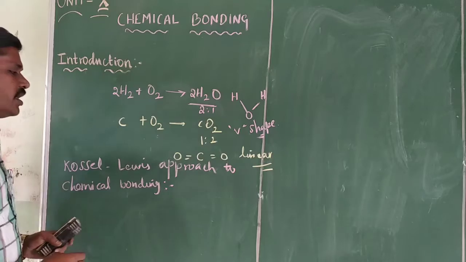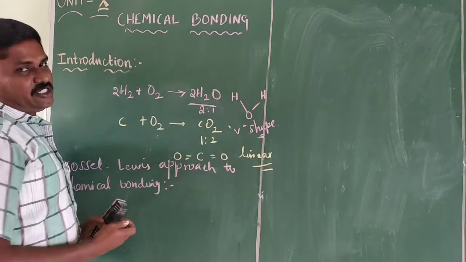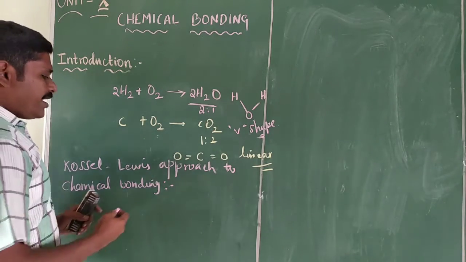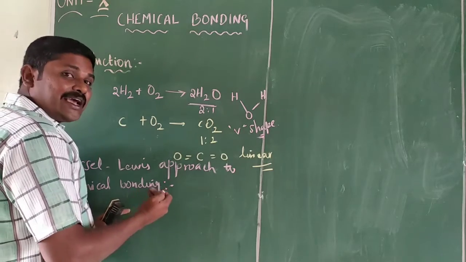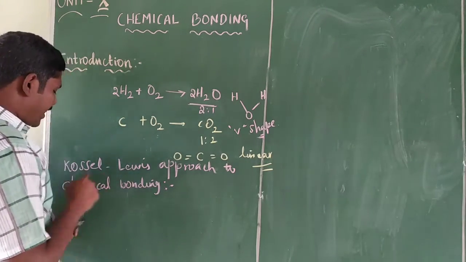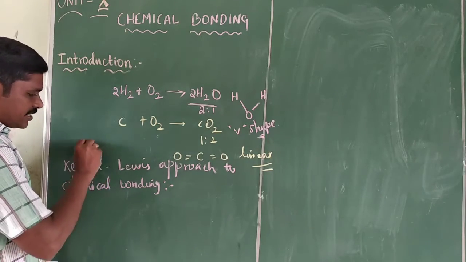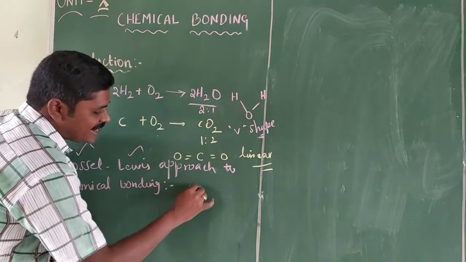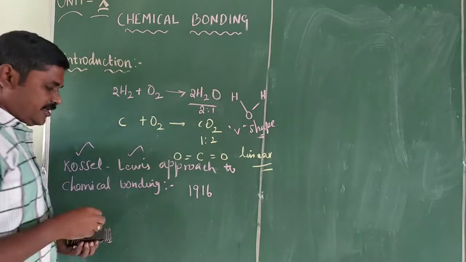A logical explanation for chemical bonding was provided by Kossel and Lewis in 1916.